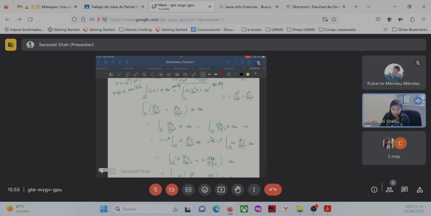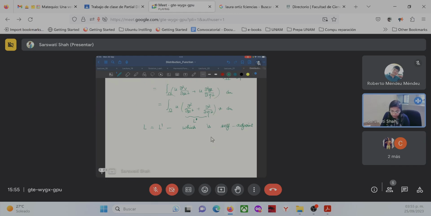So when the coefficients are constant, you can simply write it in the same fashion, and then this is a self-adjoint operator. The adjoint operator in the case of the wave equation is the same as the operator. So that's why it is called self-adjoint.